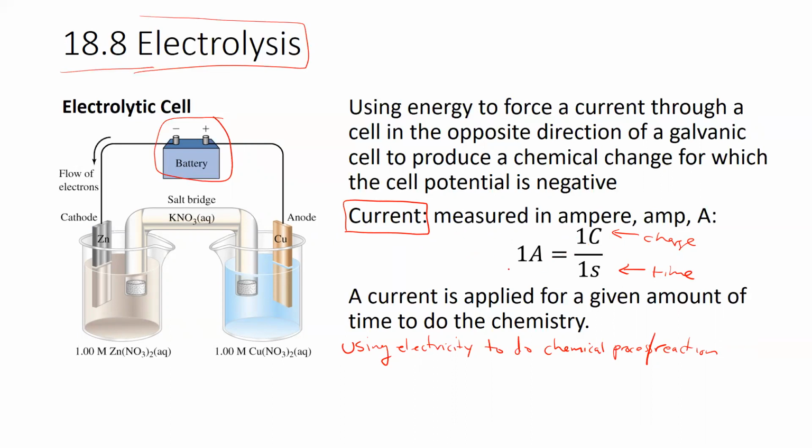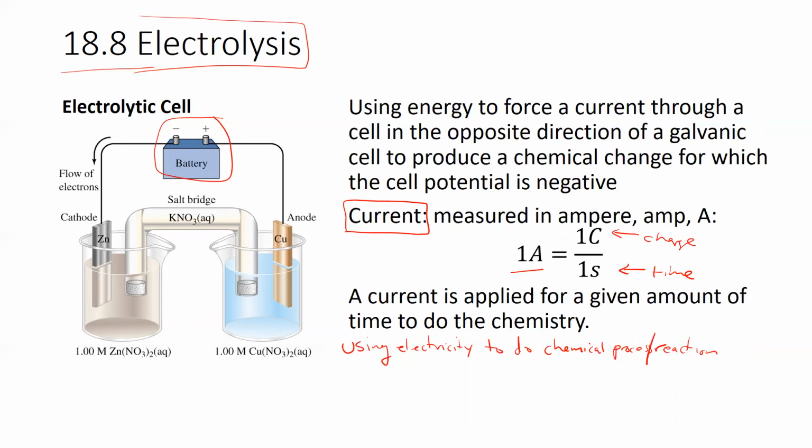And so 1 amp is 1 coulomb per second, okay? So that's what 1 amp is. And so we can apply this voltage or apply this potential to force the electrons in the other direction. When we force those electrons in the other direction, that's when we do chemistry.